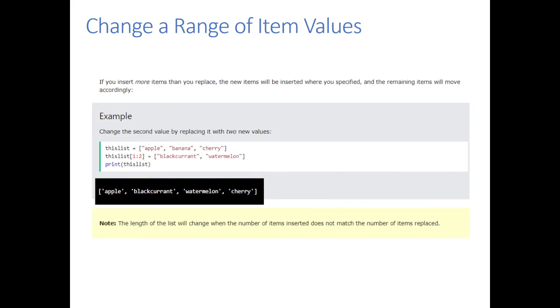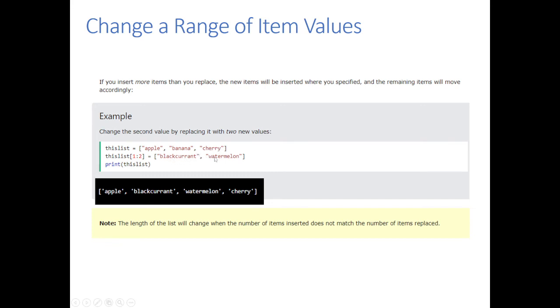If you insert more items than you replace, the new items will be inserted where you specified, and the remaining items will move accordingly. So let's say, for example, change the second value by replacing it with 2 new values. So specify this list, apple, banana, cherry, and then this list[1:2]. So we are referring to banana up to 2, but again, this is not included.